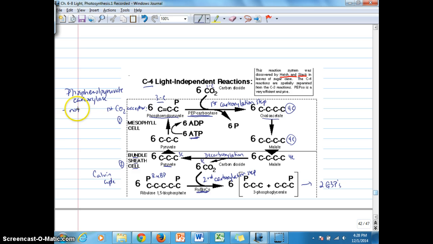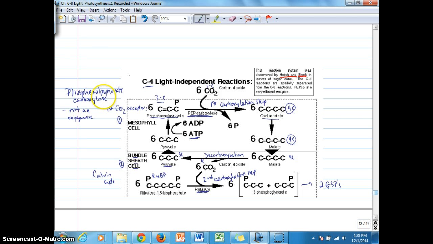We were talking about phosphoenol pyruvate carboxylase, which, unlike Rubisco, does not have the capacity to oxygenate RuBP. So it's not an oxygenase enzyme. So that makes it very efficient or very useful as a first enzyme for fixation of CO2.